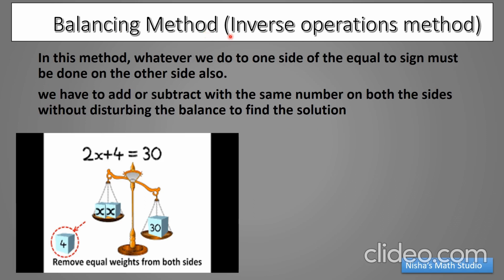Balancing method is also known as inverse operations method. If you take this example, 2x plus 4 is equal to 30. 2x plus 4 is on the left hand side and 30 is on the right hand side. Now if you remove 4 from here, 4 should also be removed from the right hand side so as to balance it. Let's try to understand it better with an example.